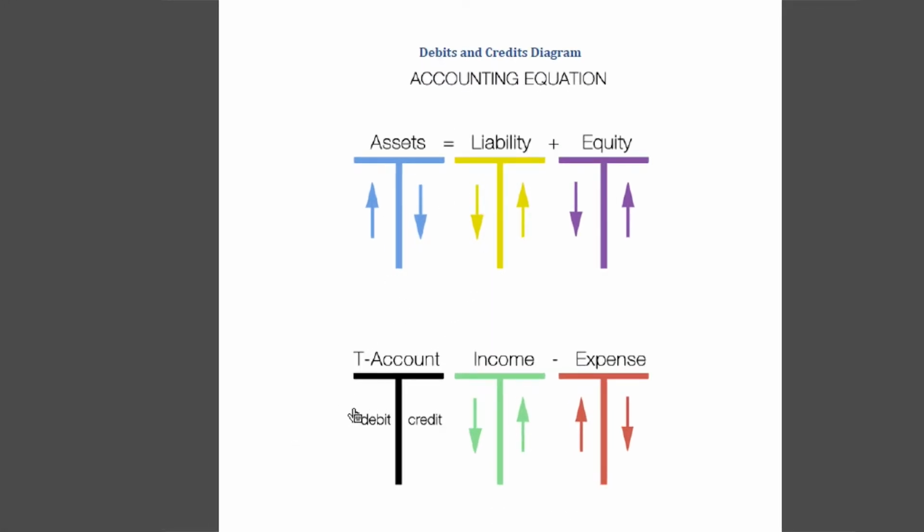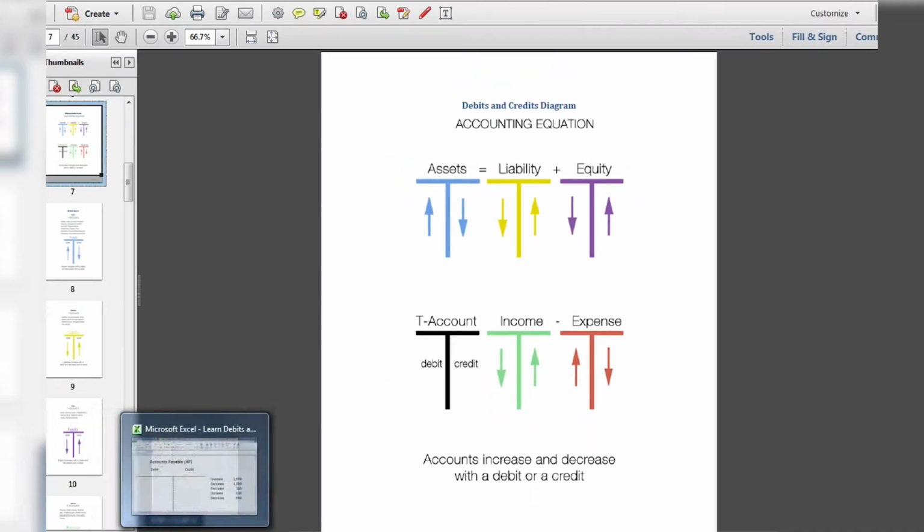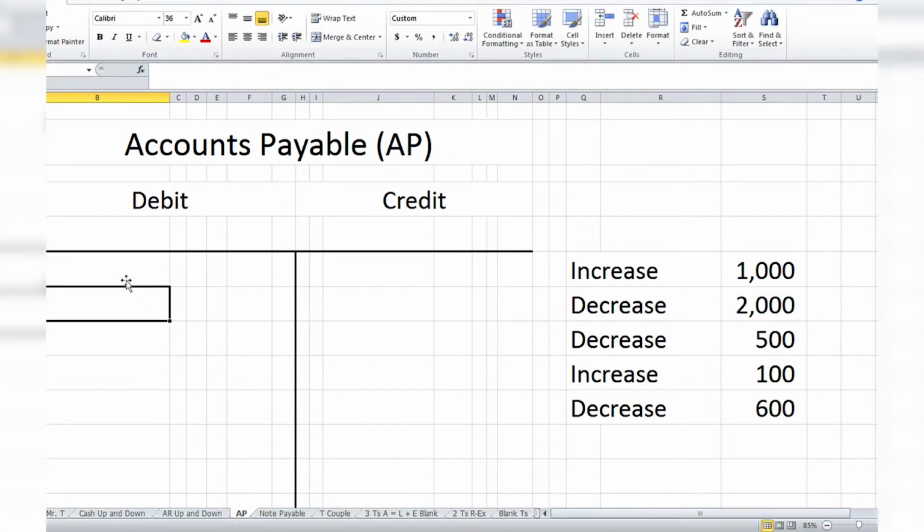Debit liabilities down, credit liabilities up. Let's increase accounts payable. Because it's a liability, we know that is a credit, 1,000. Let's decrease 2,000.